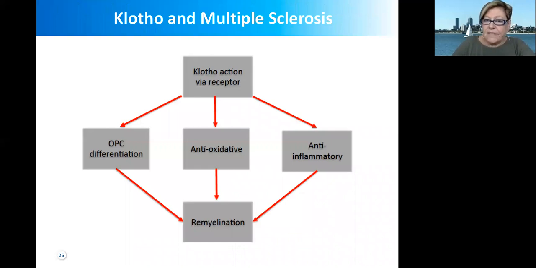So we hypothesize, and actually we have data to prove our hypothesis, that Klotho action via receptor induces OPC differentiation. We see that it is antioxidative from the neuronal experiments. And I will show you that it's also anti-inflammatory, and all this is important for remyelination in the white matter and gray matter as well.